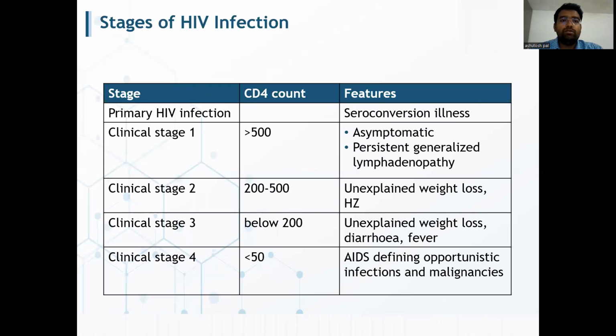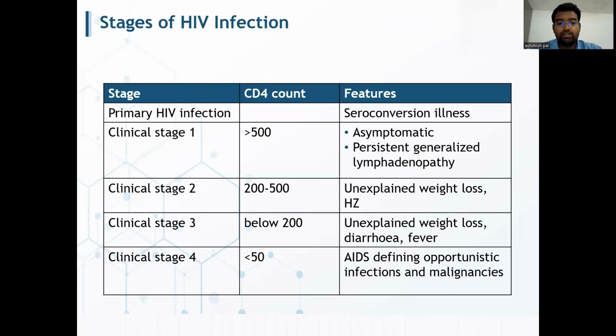Okay, so stages of HIV infection. In primary infection, there is seroconversion illness. When a person becomes HIV positive, there are 4 clinical stages beyond that. Stage 1, where the CD4 count is more than 500, the patient is asymptomatic, and might suffer from persistent generalized lymphadenopathy. When the CD4 count is 200 to 500, in stage 2, there is unexplained significant weight loss, and herpes zoster is seen.